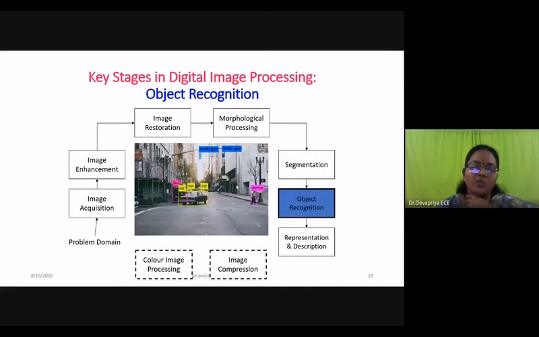Next is object recognition. Object recognition means it has to recognize what objects are there in an image, like the thing you have seen with the fruit. So it is an image where you have a car, a bus, a traffic light, and a person.